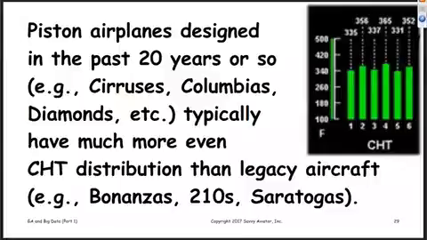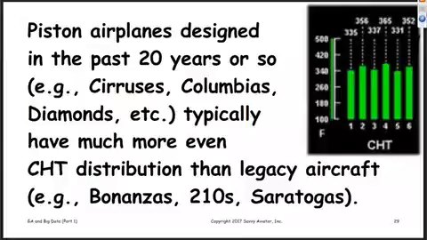And that basically the engineers that design airplanes in modern times had much better tools to use in designing the cooling systems, the baffling and the cowlings and all of that kind of stuff, than the engineers that were doing it back in the 50s and 60s, where they had very crude tools to do it.